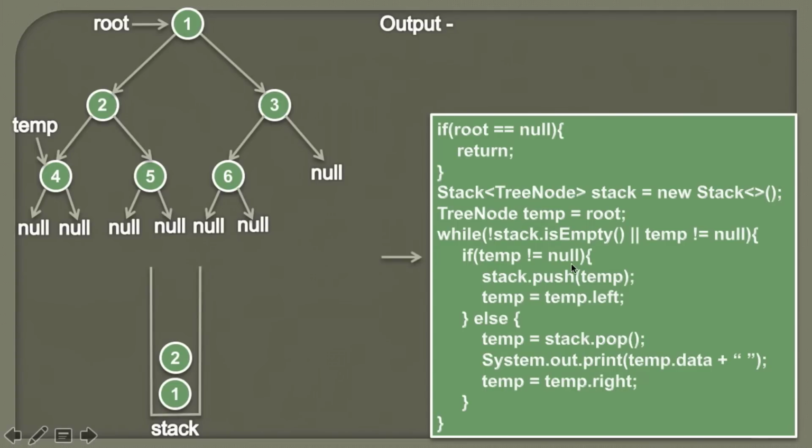So the condition in the if block comes out to be true. Then in the first step we push the temp on the stack, because before visiting the node 4 we have to first traverse its left subtree completely. Therefore we are pushing the node 4 on the stack. So it would look something like this. Now node 4 is on the stack.